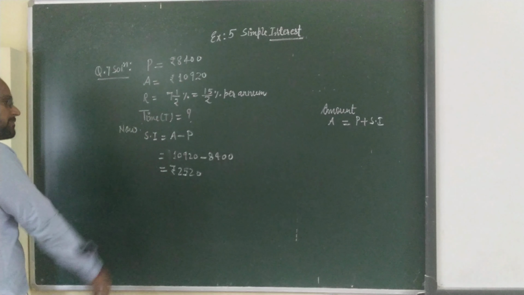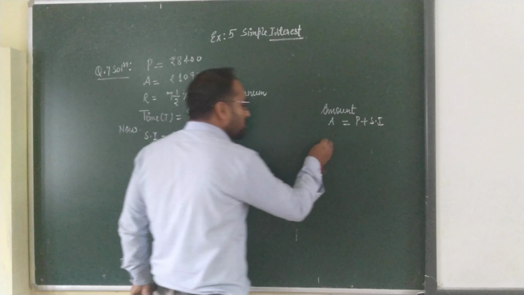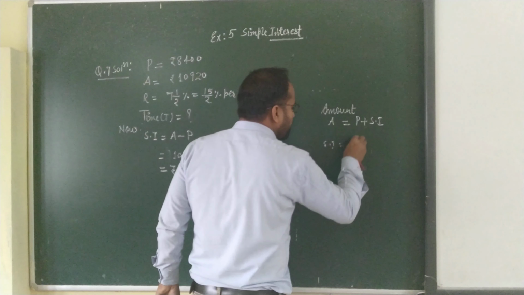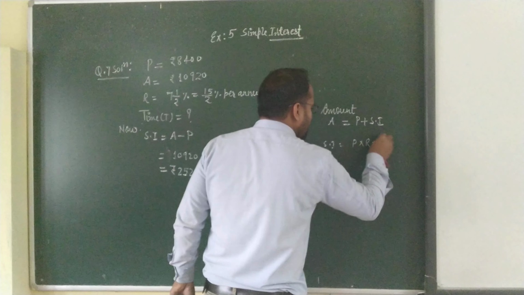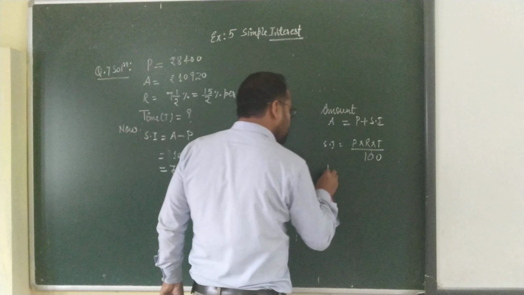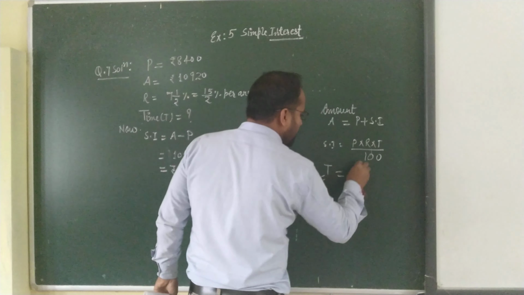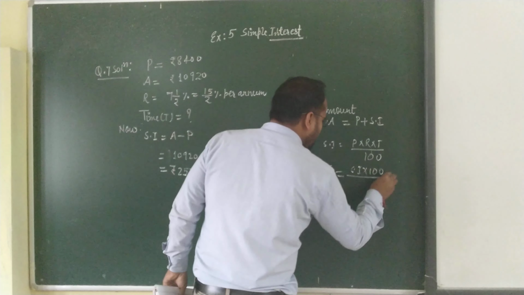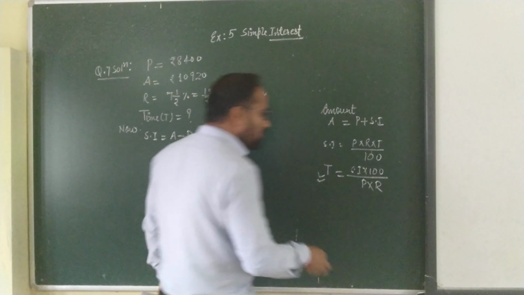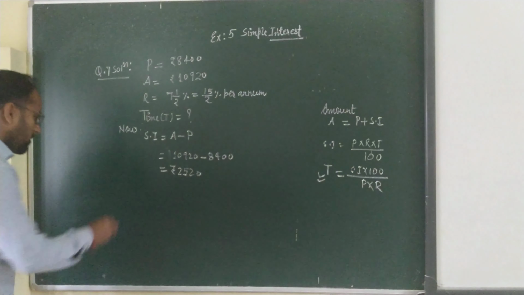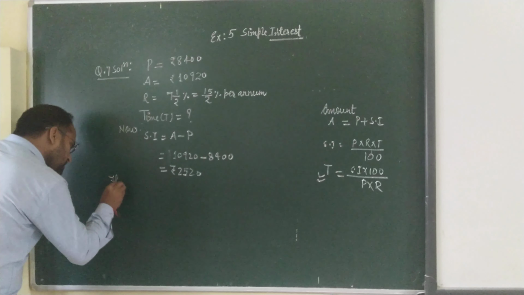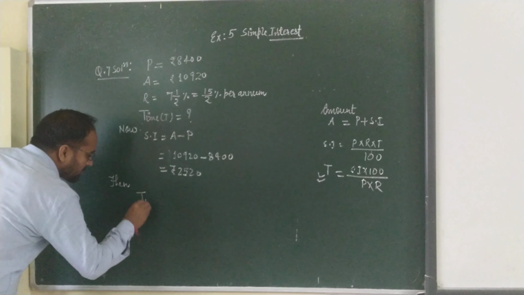If you know the simple interest, then you know this formula also: simple interest is equal to P into R into T upon 100. You are calculating the time now, so T is equal to SI multiplied by 100 upon P into R. Here I am going to use this formula.